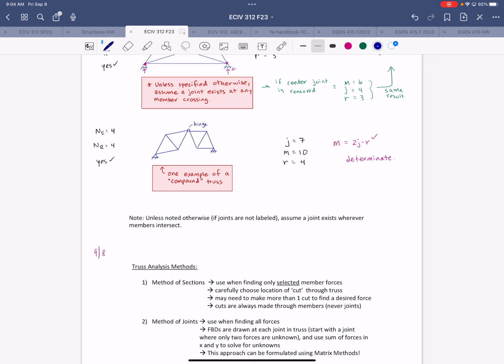So just kind of look at your structures like that. Make a decision, and then, for your work, you can just say it's stable, there aren't any indications of instability, or something like that.